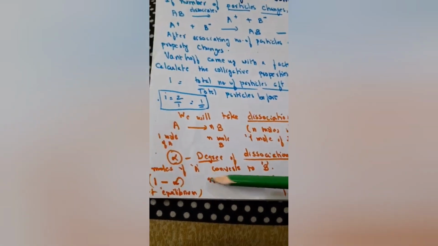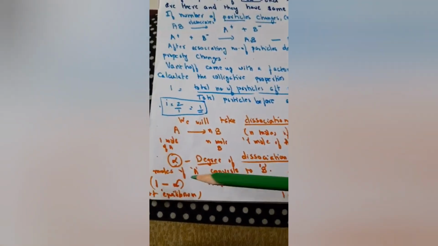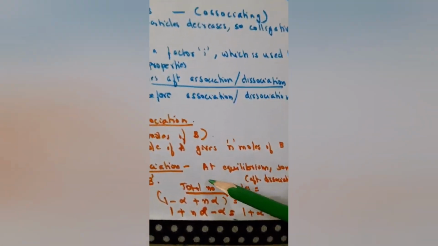So what is the total number of moles after dissociation? 1 minus alpha plus n alpha at equilibrium. Now we will rearrange the equation and write it as 1 plus n alpha minus alpha. Now we will combine these two terms together. So we get 1 plus, taking out alpha which is the common factor, n minus 1.